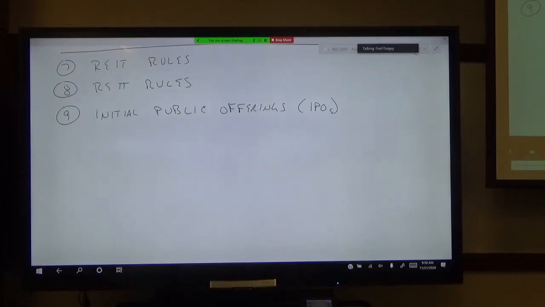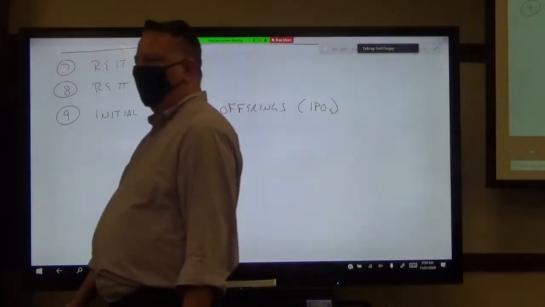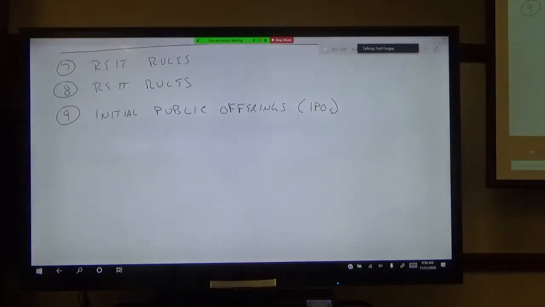This is when you're talking about large-scale development. And when I say large-scale, probably $100 million plus, okay? And for this type of real estate venture, you're creating maybe a single-purpose entity and doing an initial public offering.